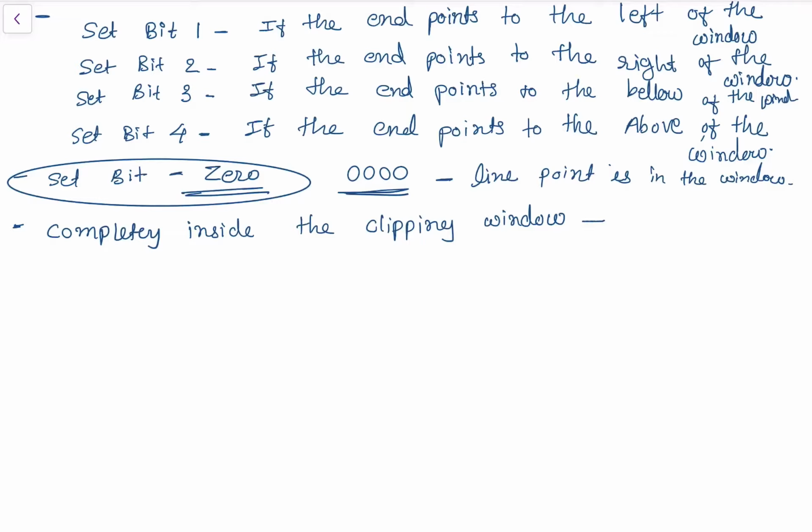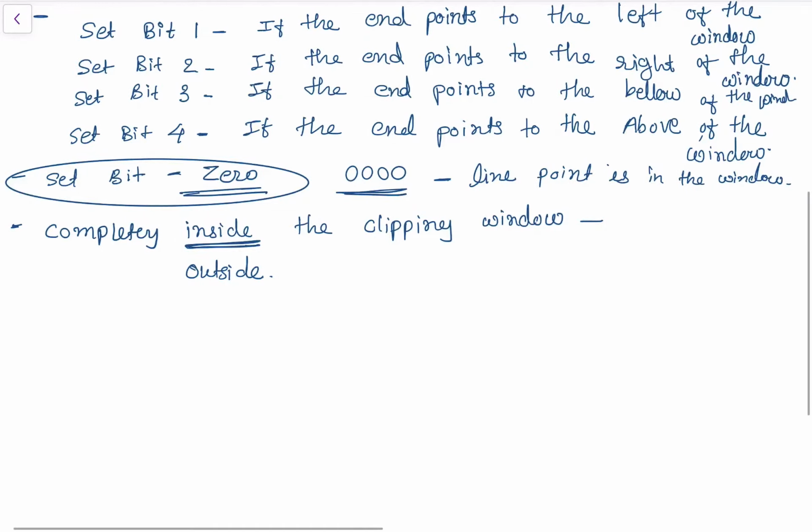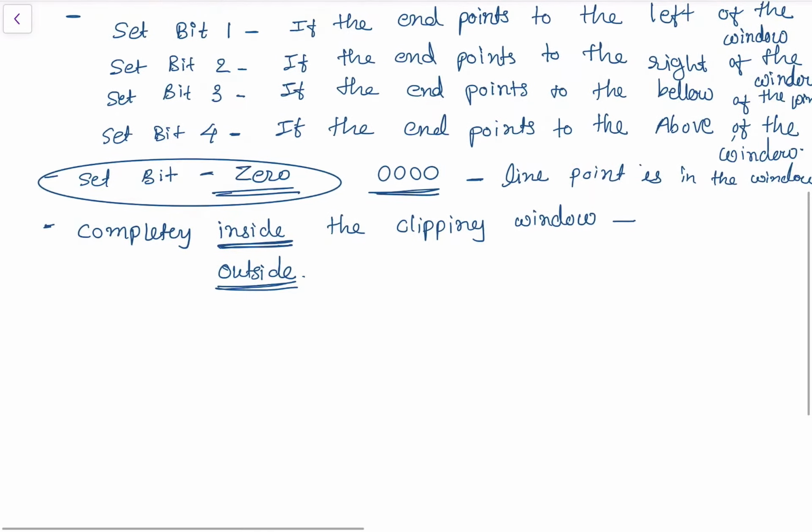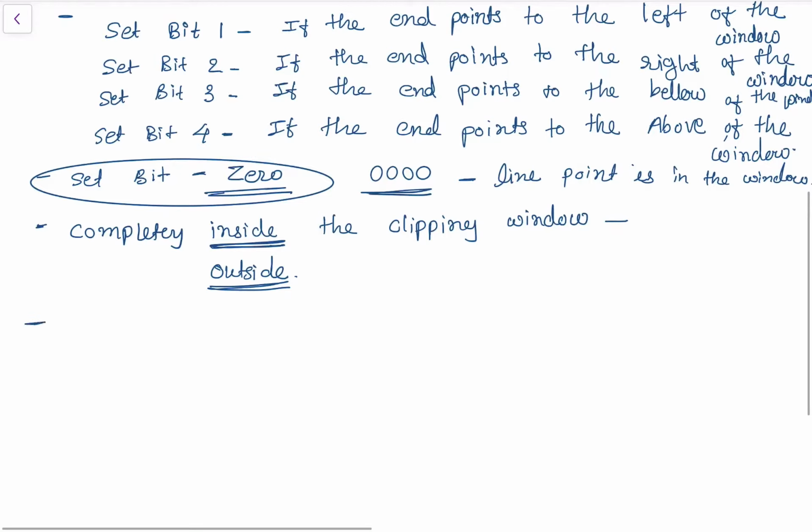So once we have established the region codes, we check whether the line is inside or outside. How do we check this? Suppose the endpoints are 0000, meaning all zeros, then we can say the point is in the window, otherwise it will be outside.